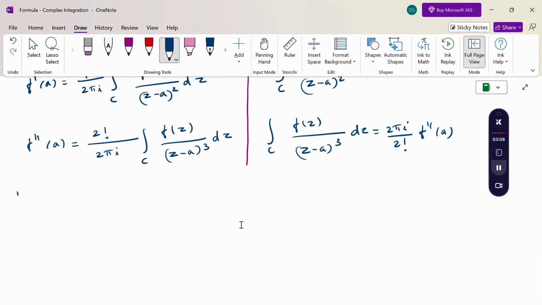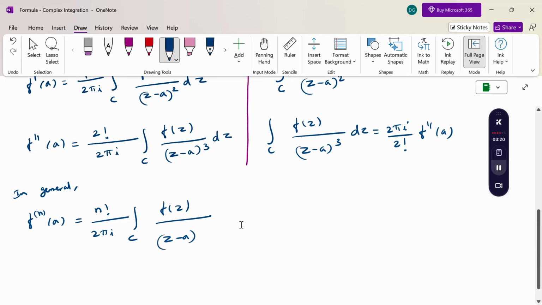In general form, f n of a equals n factorial by 2 pi i integral over C f of z divided by z minus a whole power n plus 1 dz.